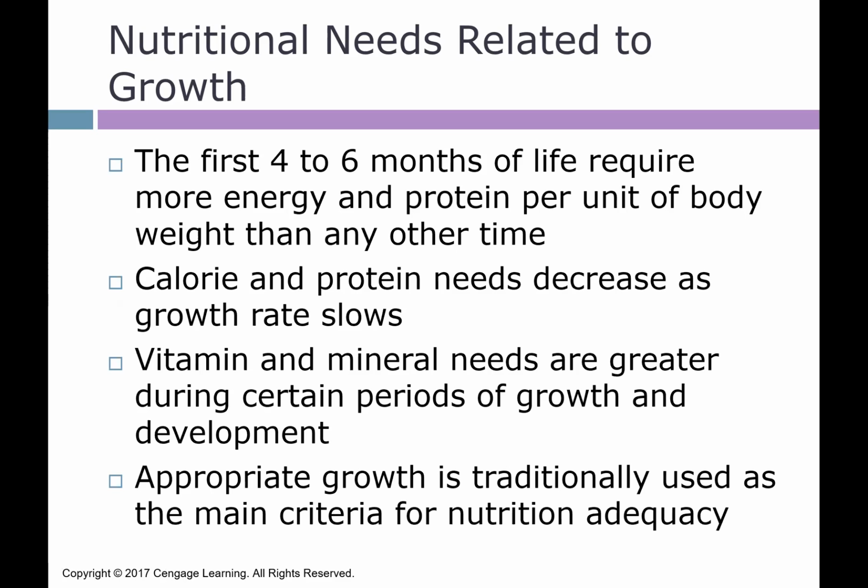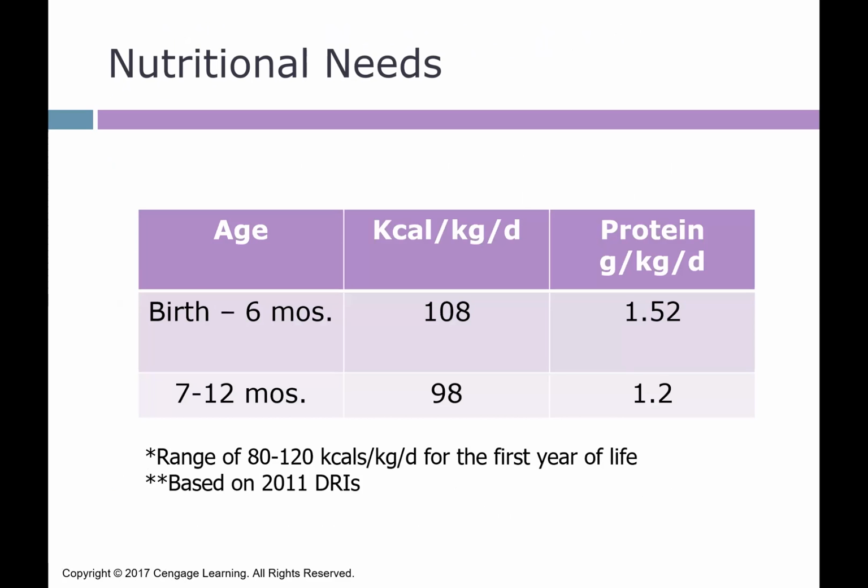Appropriate growth, such as weight and length, are traditionally used as the main criteria for nutritional adequacy. And what does nutritional adequacy look like? From birth to 6 months, the calories per kilogram per day are about 108, and the protein is 1.52 grams per kilogram per day. Keep in mind that from birth to 6 months, we are doubling our birth weight, right?